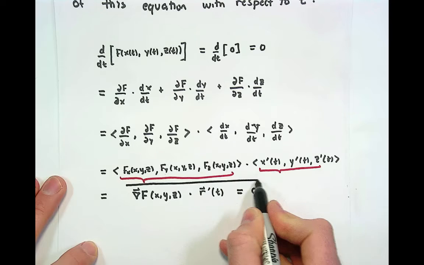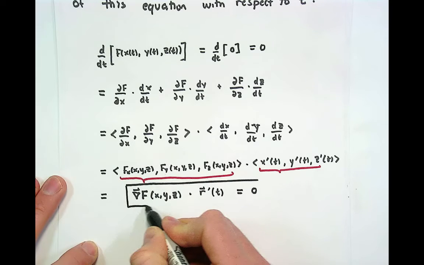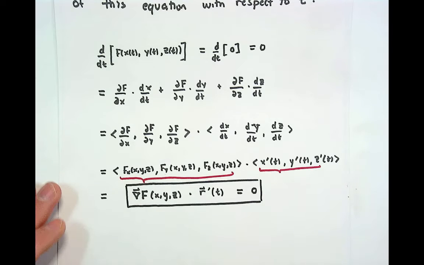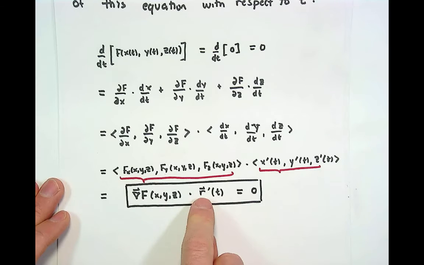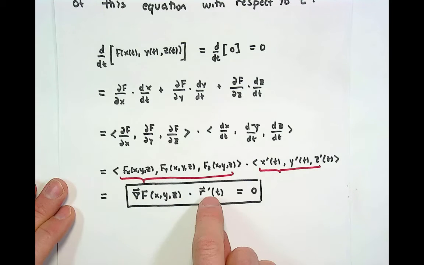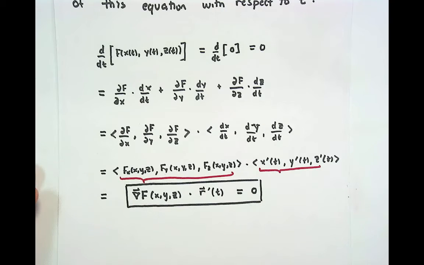This is pretty amazing. This is the three-dimensional generalization of the two-dimensional observation that the gradient is orthogonal to the level curves, or the tangent line to level curves. This says that the gradient of a three-dimensional function is orthogonal to the tangent lines of level surfaces. And that's any tangent line.